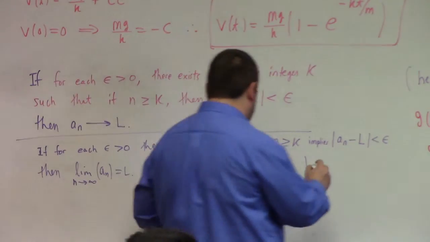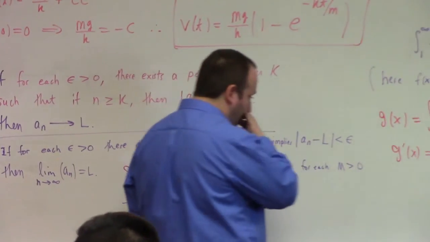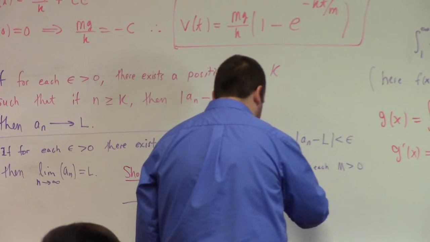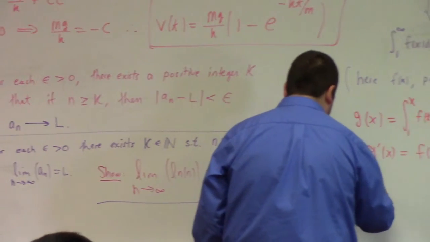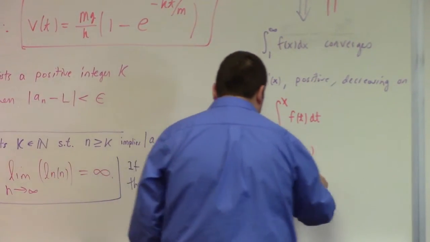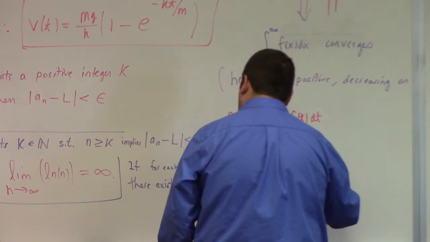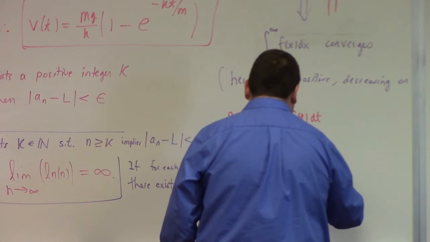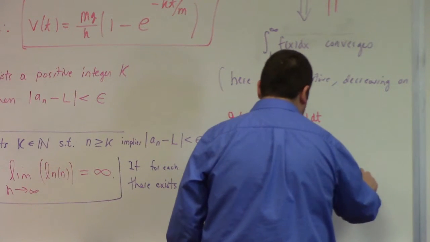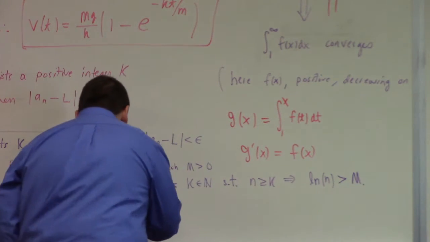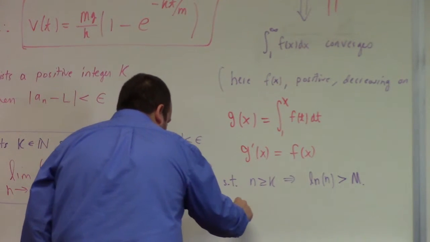You have to do something like this. If for each m greater than 0 there exists k in the natural numbers such that n greater than or equal to k implies that the natural log of n is greater than m, then that means the natural log of n diverges to infinity.